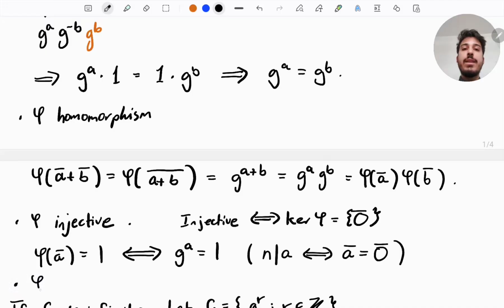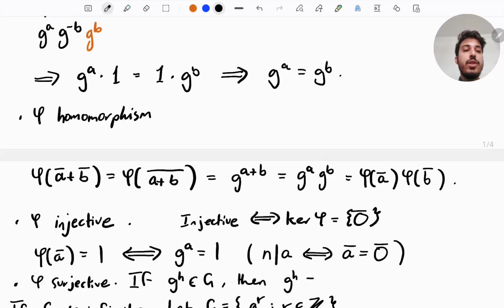And lastly, we say that phi is surjective, because for any element in G, we would have it in the form g to the power h for some integer h between 1 and n. Then g to the h would just be equal to phi of h bar, and phi of h bar is in the image of phi.